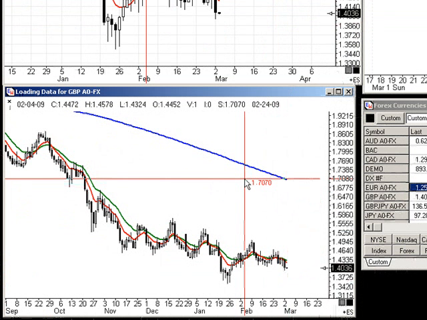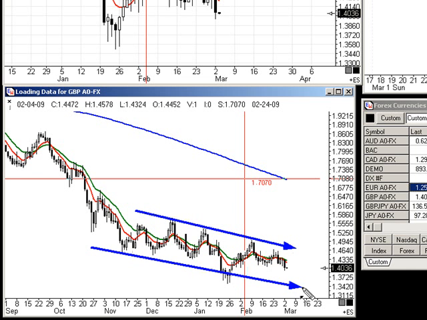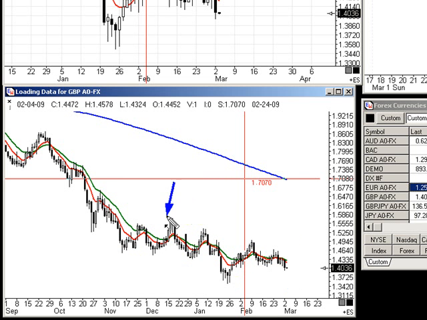On the daily bars, what I'm going to point out here is, let me see if my drawing tools will come up or not. There we go. Okay, you've got this downward sloping trading lane working on the daily bars. It's a very sloppy trading lane.